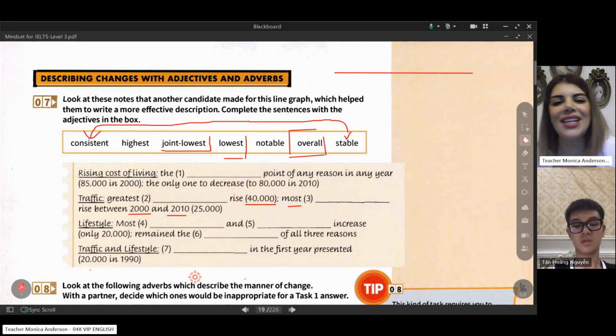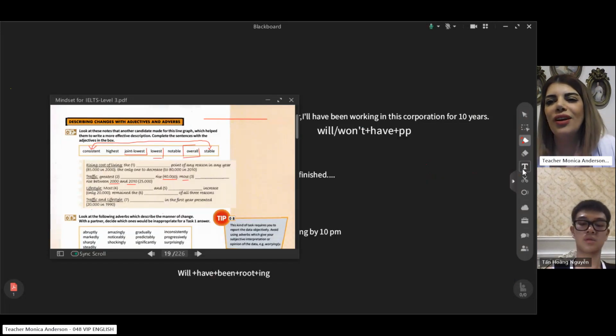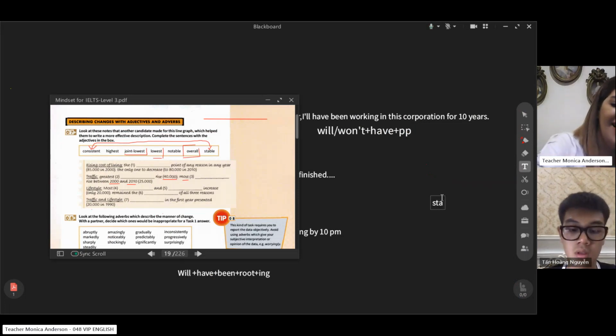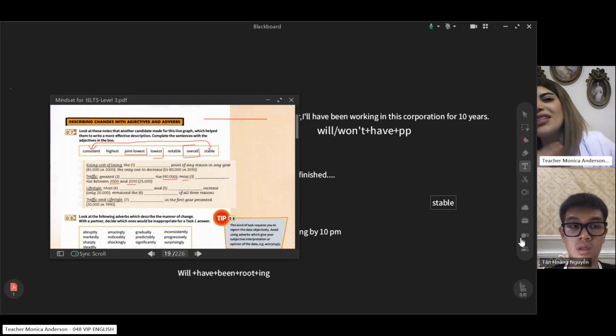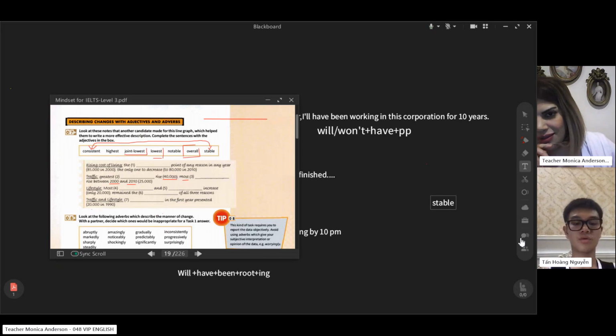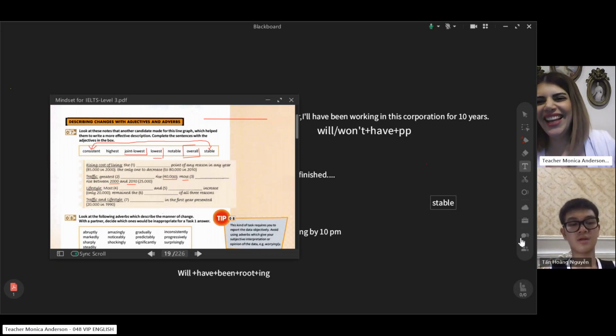Because when we say, let me say something. You think this is a noun, and you know the meaning of this word. It's different from stable as an adjective. This is a building in which horses are kept. So this is a noun.